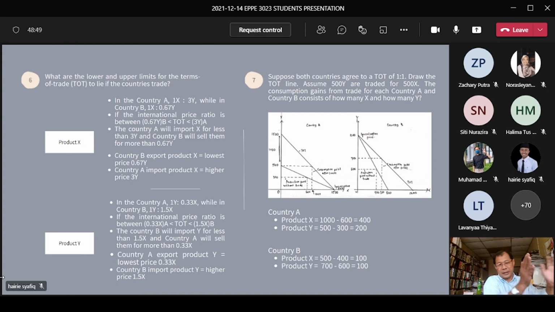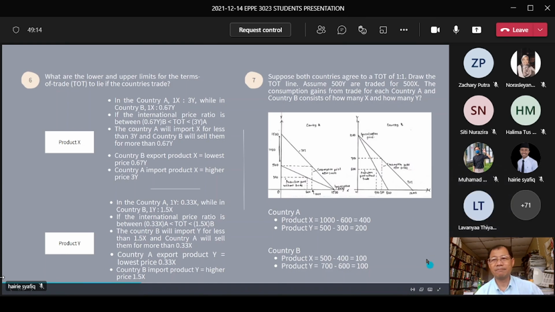So bottom and right, yes. For country B, the triangle will be all the way up and left. Yes, you did that correctly. For country A, you do the same thing with the blue one. Okay, now the next question that you wanted to do. Thank you for the explanation, Doctor.